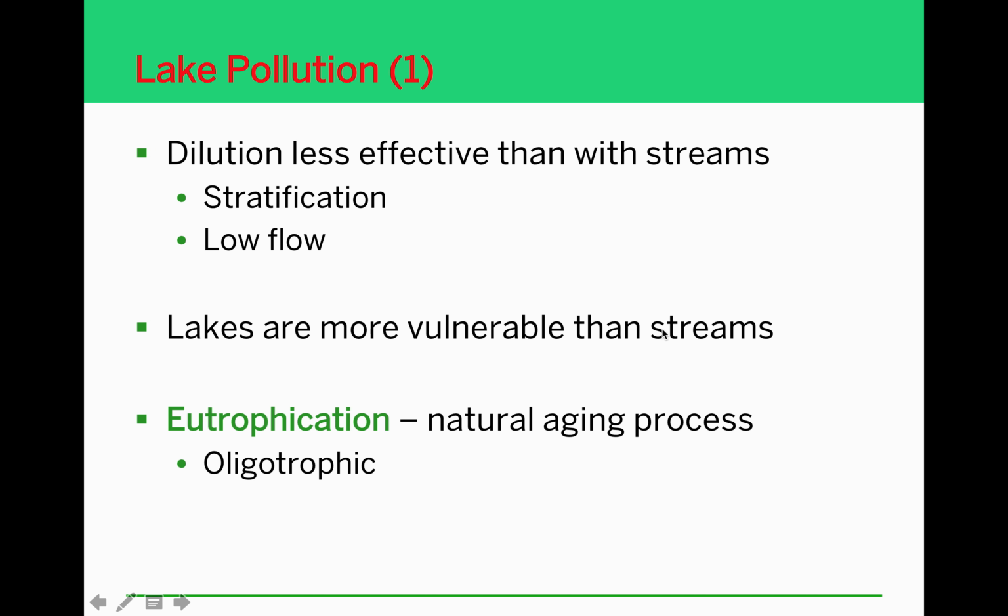Lakes tend to be more stagnant, so there could be more nutrient pollution problems. And one of the major problems that we see in a lot of lakes and reservoirs in the U.S. is something called eutrophication. Now, eutrophication is a natural aging process, but it can actually be fastened. So in the next couple of slides, I explain what these are.